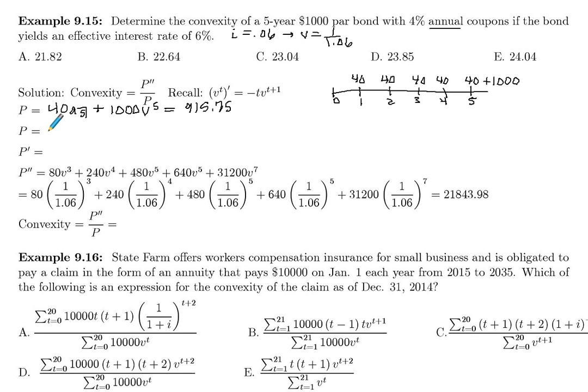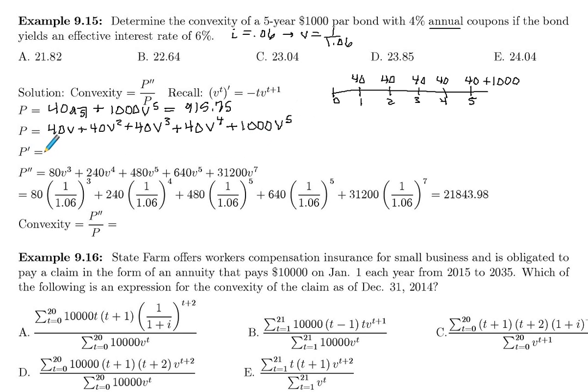We want to write P just in terms of v, and then we want to do derivatives to get to P double prime and then look at the ratio P double prime over P. So P can be expressed as 40, that first coupon payment brought back 1 period, with a discount factor of v, plus the second coupon payment, 40, brought back with v squared, plus the third payment brought back with v cubed, plus the fourth payment of 40 brought back with v to the 4th, and then at time 5 we get the last coupon and the redemption, so 1,040 brought back with v to the 5th. So that's the price of the bond in terms of v.